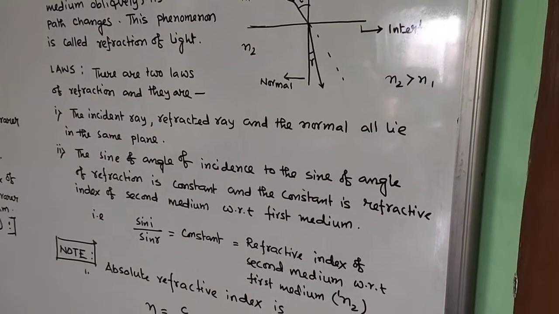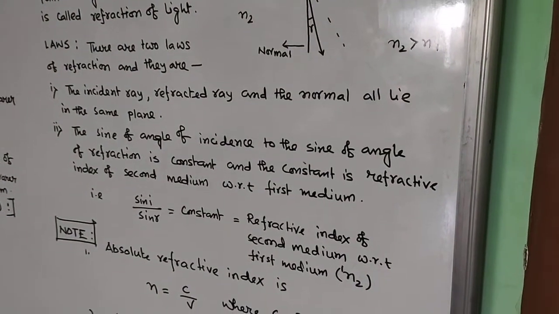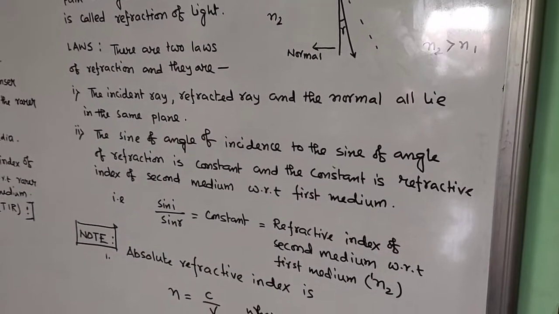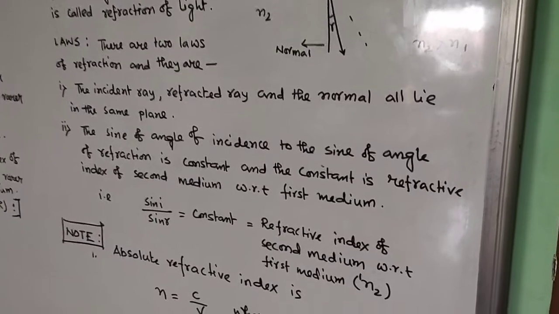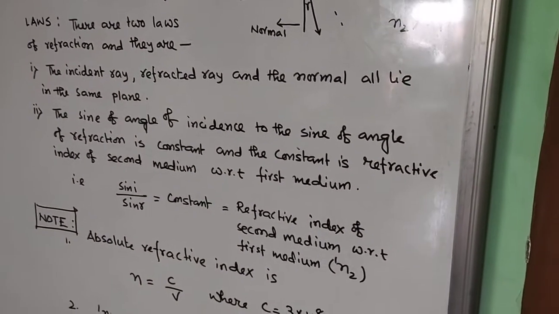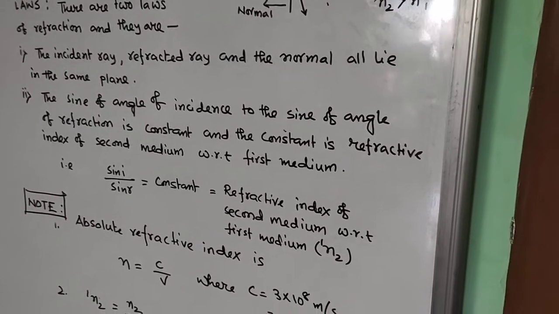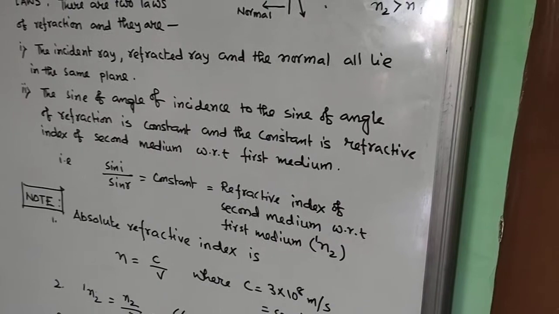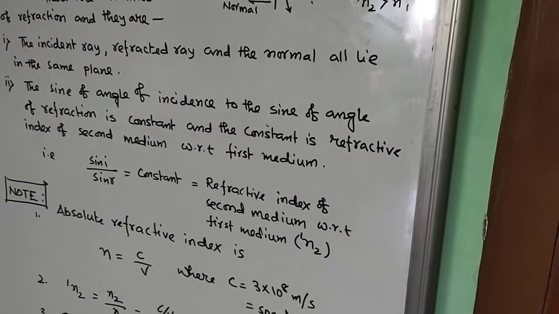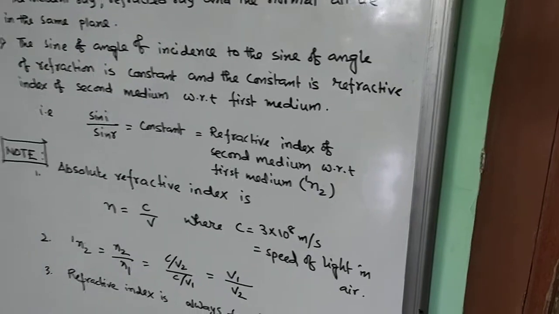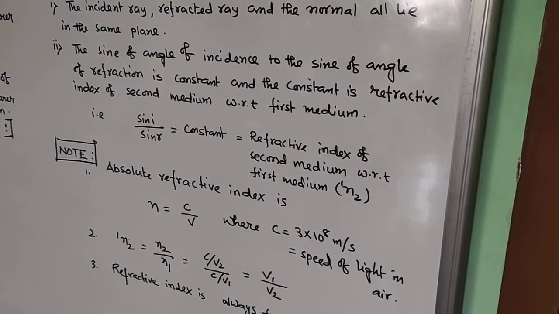Now if someone asks you what is absolute refractive index, in absolute refractive index basically we are considering one medium is your air and another one is any medium. So definitely refractive index of that medium is nothing but the absolute refractive index, and the formula is N equal to C by V, and C is your speed of light in air, and its value is 3 into 10 to the power 8 meter per second.